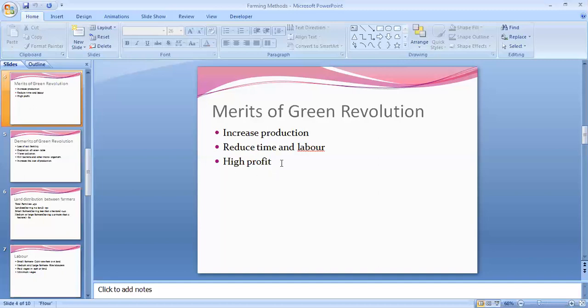It means when the production increased with the Green Revolution, the surplus production was sold by the farmers in the market, which results in high profit. Through this surplus production sold in the market, the farmers started to earn more money. These are the merits of the Green Revolution.